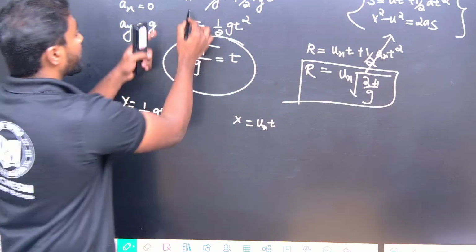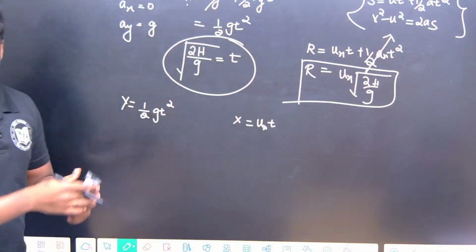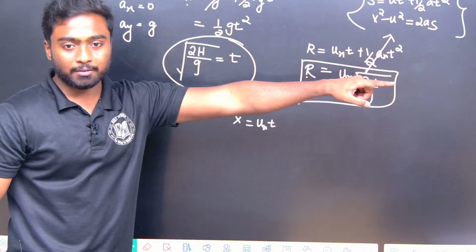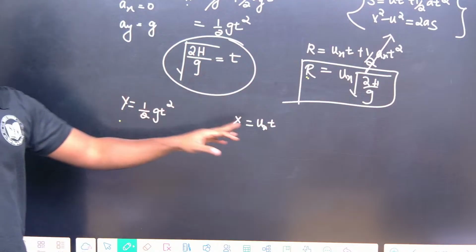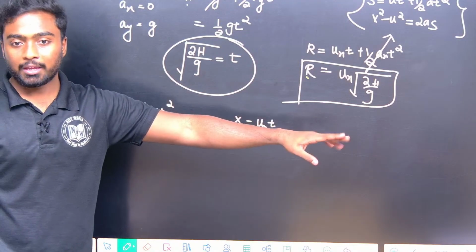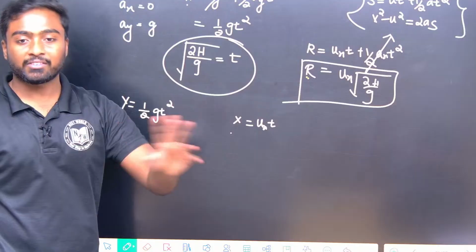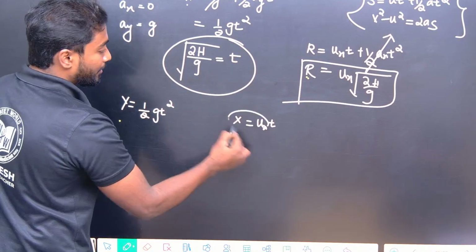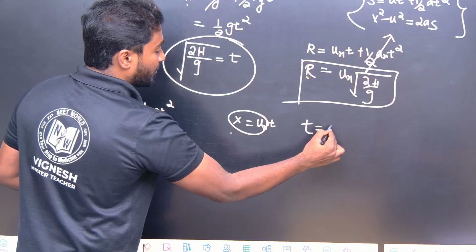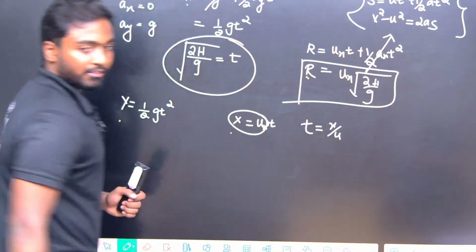See, h is nothing but in the y direction, R is nothing but in the x direction. So I have taken R as x and h as y to find the equation of trajectory. The equation of trajectory should be in terms of x and y. Now I can take t is equal to x by u.